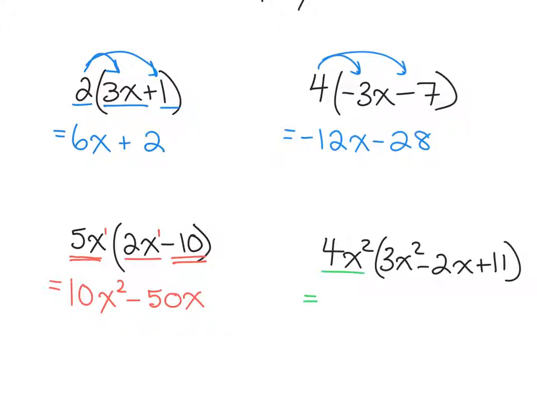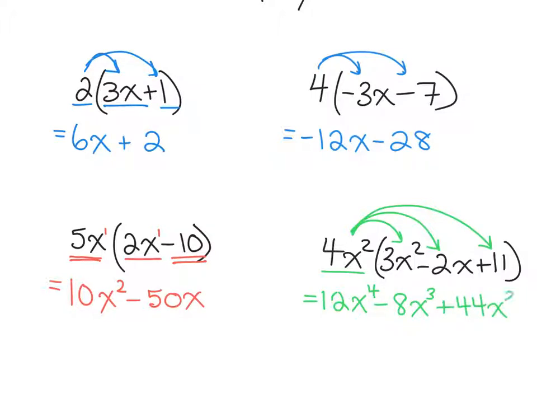So when we multiply 4x squared times 3x squared, we will get 12x, and then we add the exponents on the x, so 4. And then the next one, 4x squared times negative 2x, we get negative 8x to the power of 3. And then finally, we multiply 4x squared times 11, and we get positive 44x squared. And that's it, because none of those are like terms. So that's how to multiply a polynomial by a monomial.